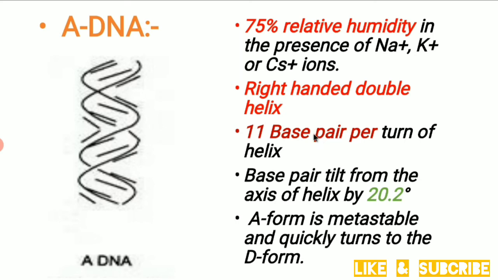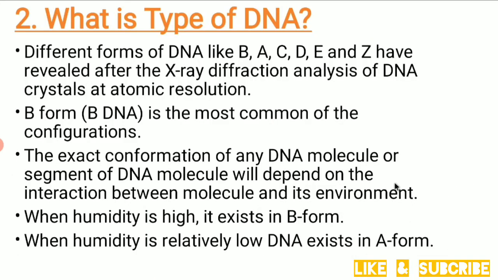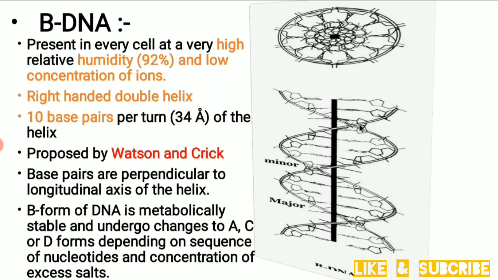Now, if you know, what does the helix mean? The portion from here up to this is the helix. This is a helix. The portion from this to this is the helix. This is all a helix.